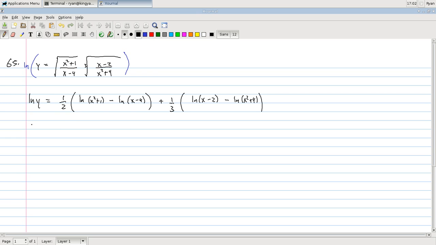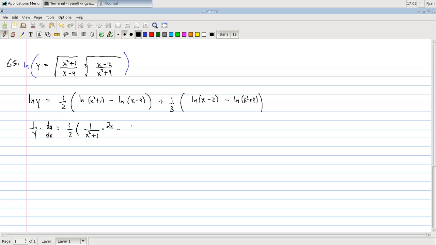So on the left-hand side, the derivative of natural log y is 1 over y times dy/dx. On the right-hand side, this 1/2 can just sit here. We take the derivative of natural log of x squared plus 1. We've got 1 over x squared plus 1 times, applying the chain rule, 2x.